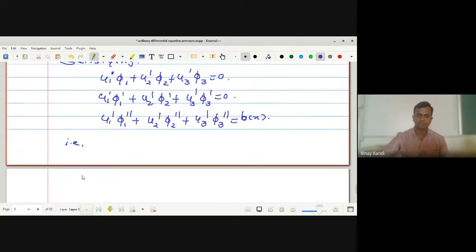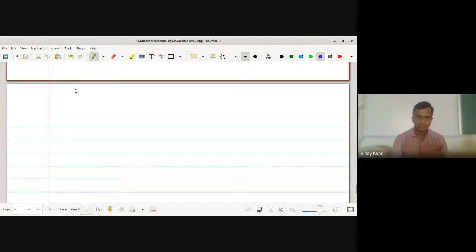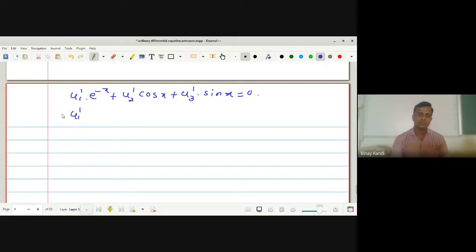Pay attention and remember phi 1, phi 2 and phi 3. So here we get u1 dash into e raised to minus x plus u2 dash cos x plus u3 dash sin x is equal to 0. Now u1 dash into minus e raised to minus x plus u2 dash into minus sin x plus u3 dash cos x is equal to 0.